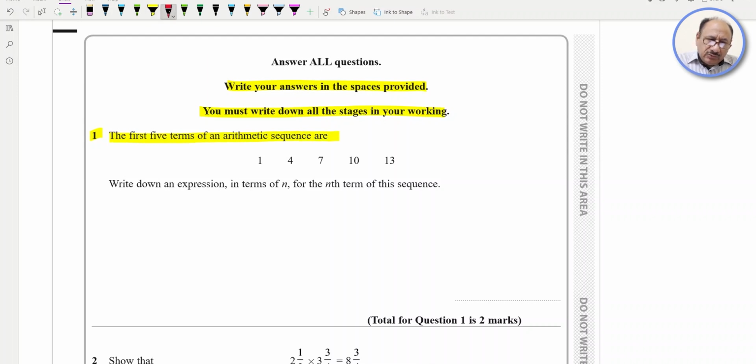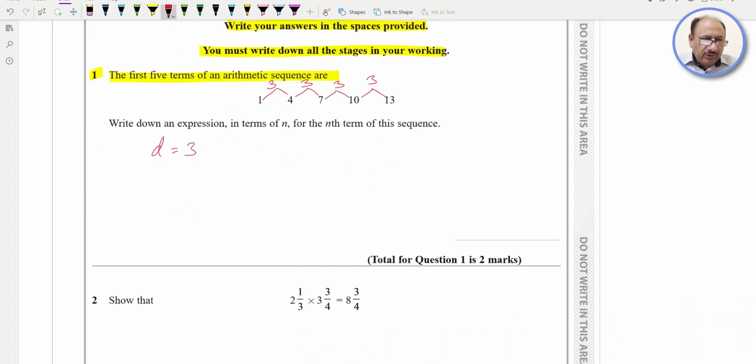These are the terms provided, and if we check the difference between these two is plus 3, again plus 3. So the common difference is plus 3, so the d value is equal to 3, and the a value, the first term, is 1, so we can apply the formula.